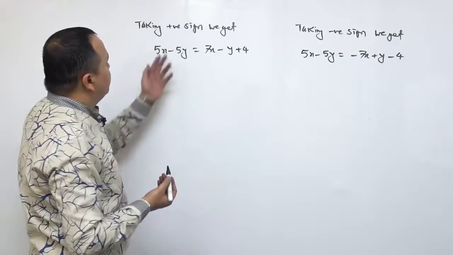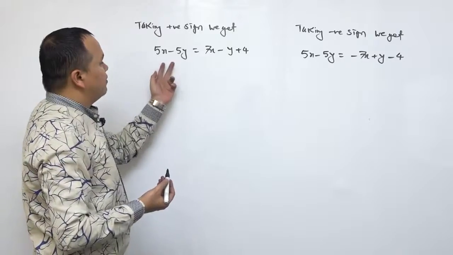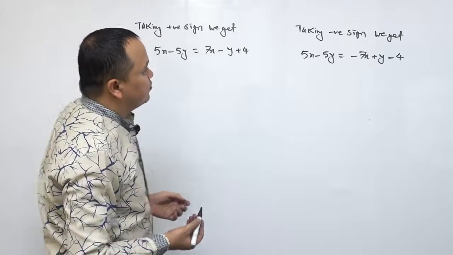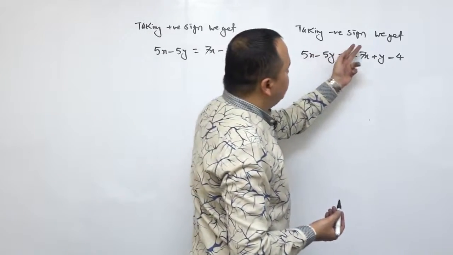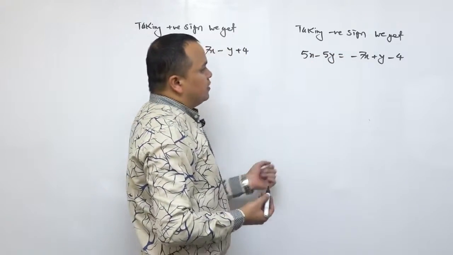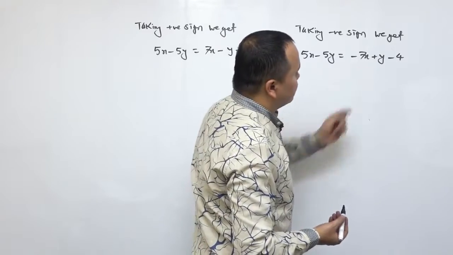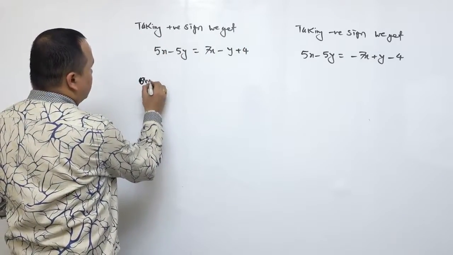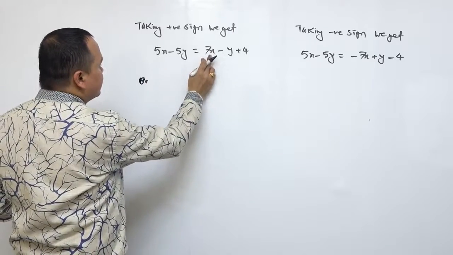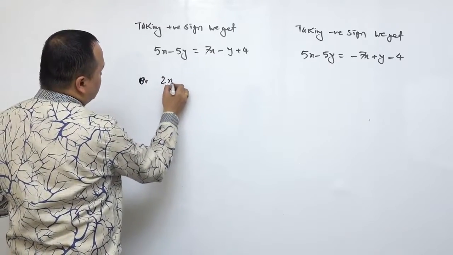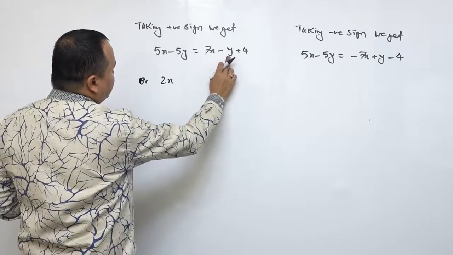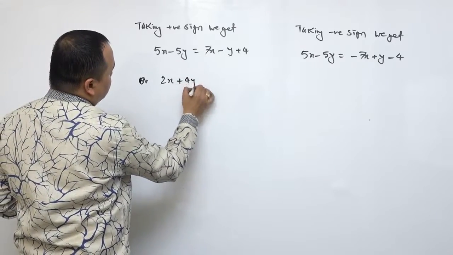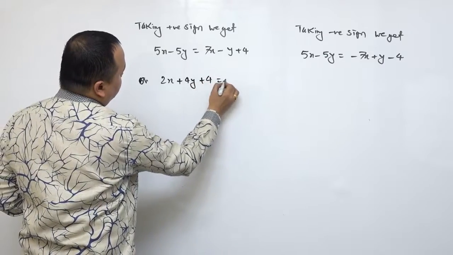Now taking positive sign, we get 5x minus 5y is equal to 7x minus y plus 4. Similarly, taking negative sign, we get 5x minus 5y is equal to minus 7x plus y minus 4. From the first, 7x minus 5x is 2x, minus y plus 5y is 4y, plus 4 is equal to 0.